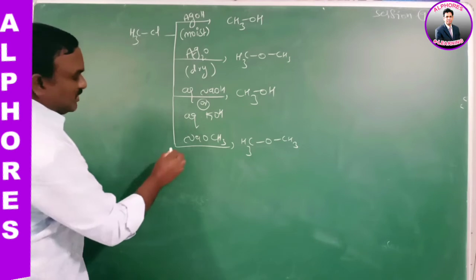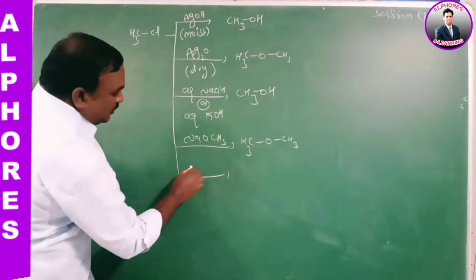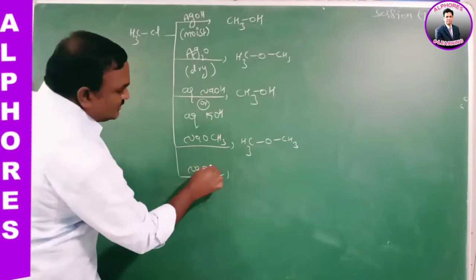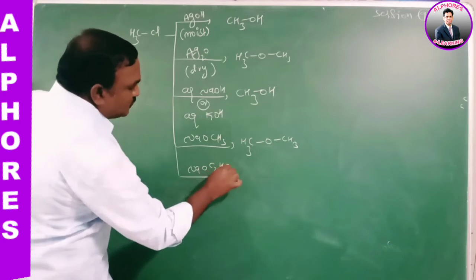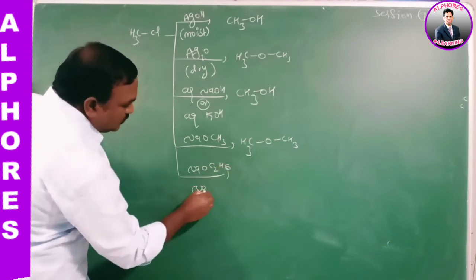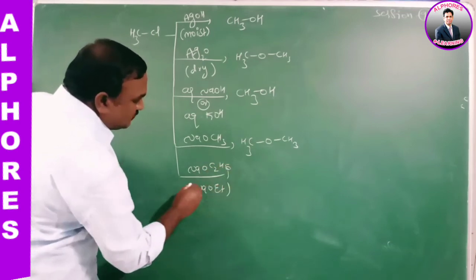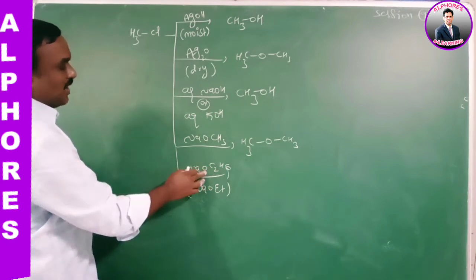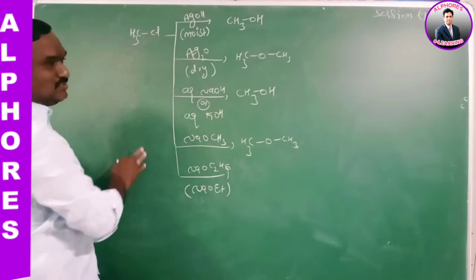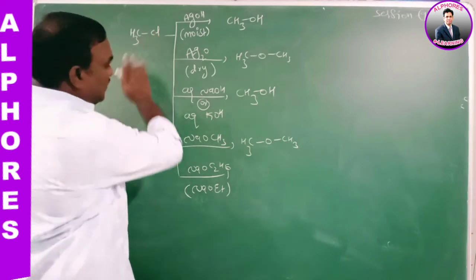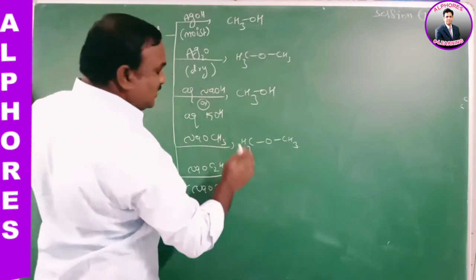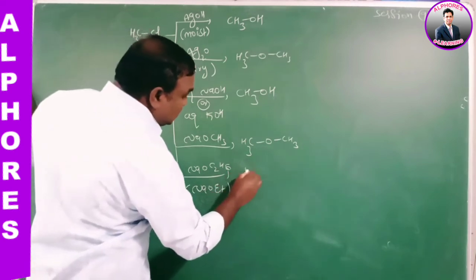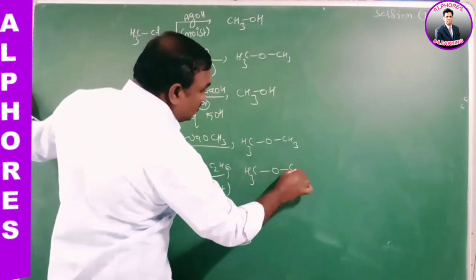For example, here sodium ethoxide, C2H5ONa, is given. The ethoxide anion is the nucleophile, and Cl- is substituted by the ethoxide anion. That means here we get CH3OC2H5.